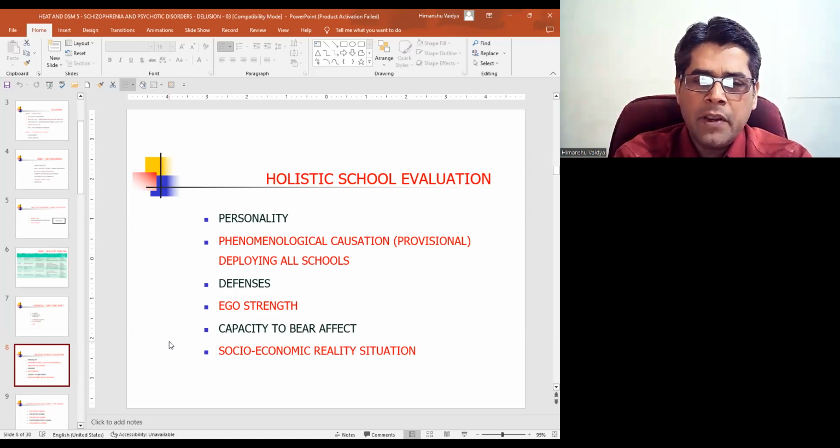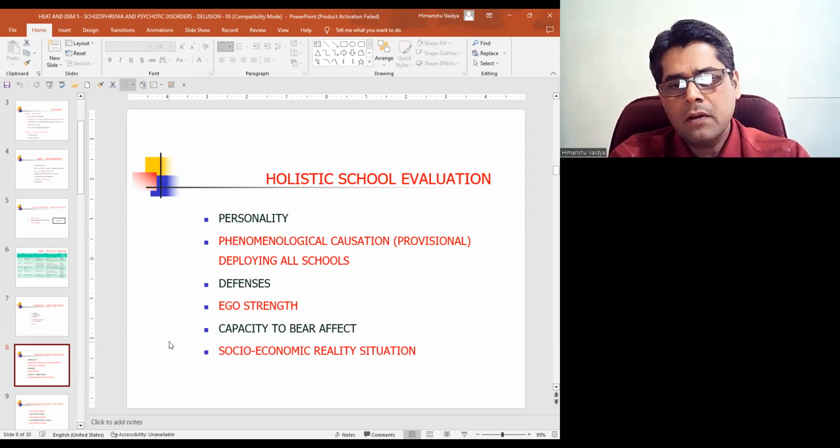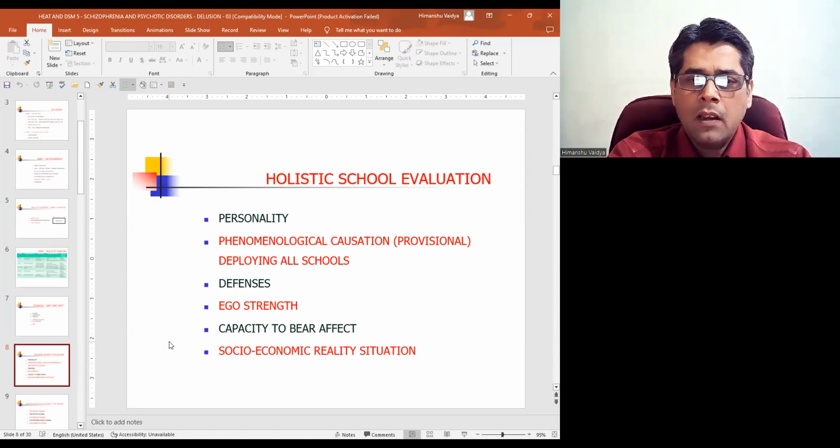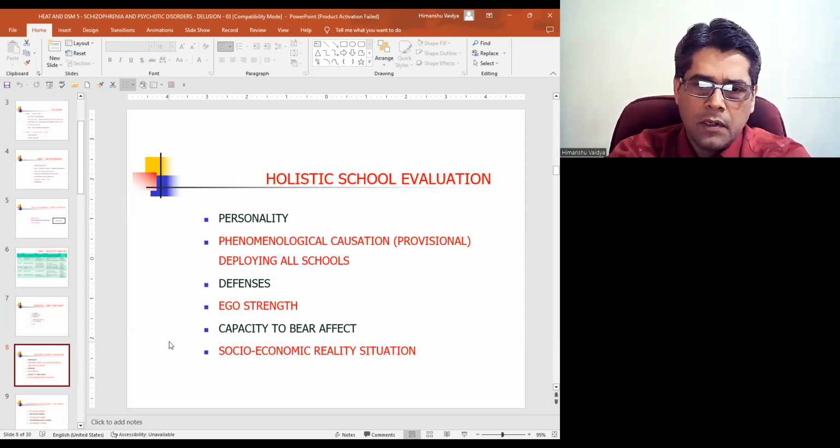The capacity to bear affect also varies because it's a relative term. The capacity is relative to the affect generated. If the affect generated is very high, even if there is capacity, you would still have excess affect to be projected on.